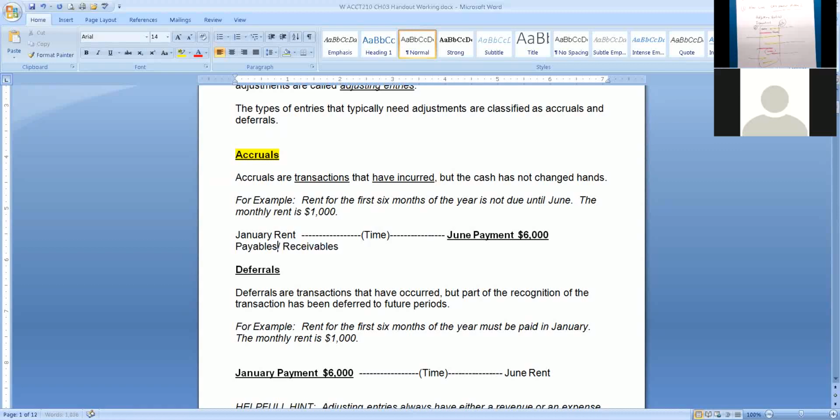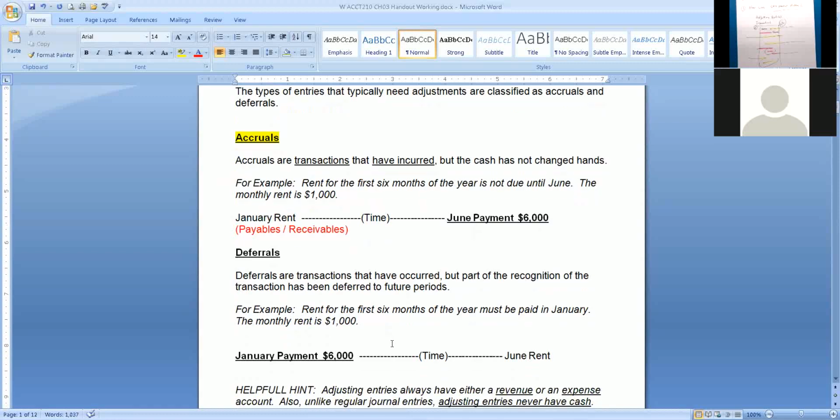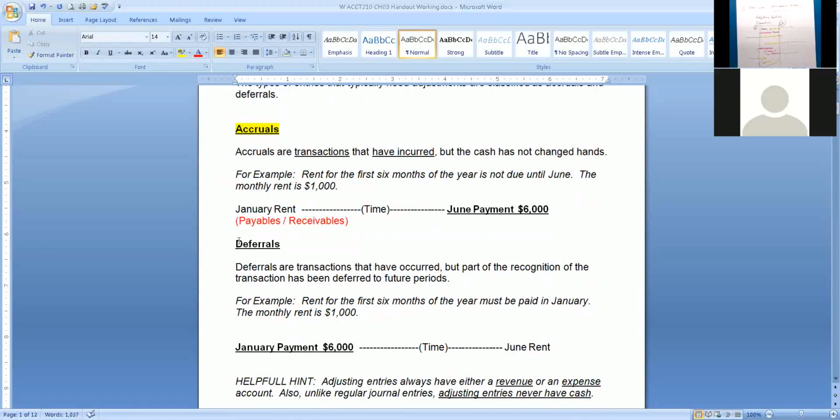You know, something has happened, but the cash has not changed hands yet. Make it red, I guess.